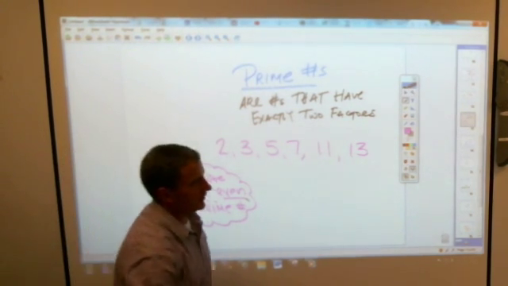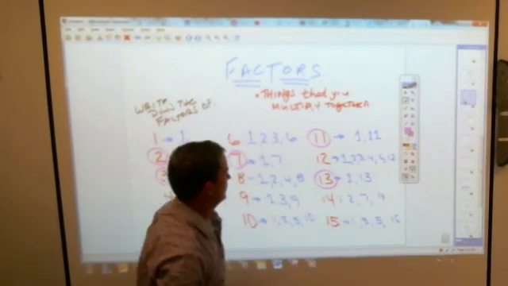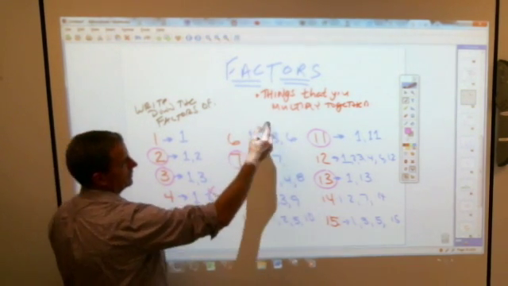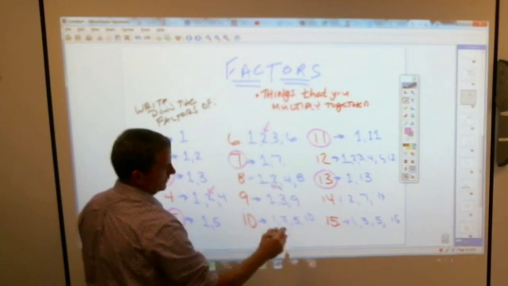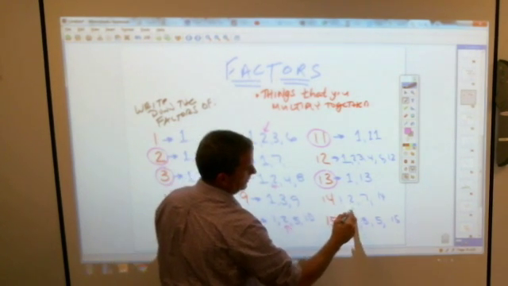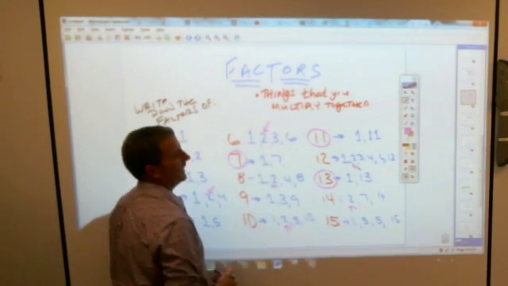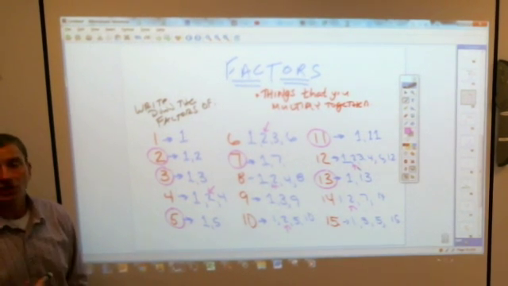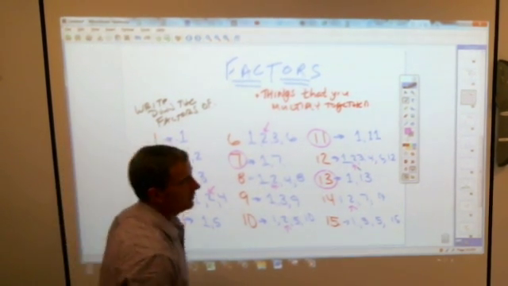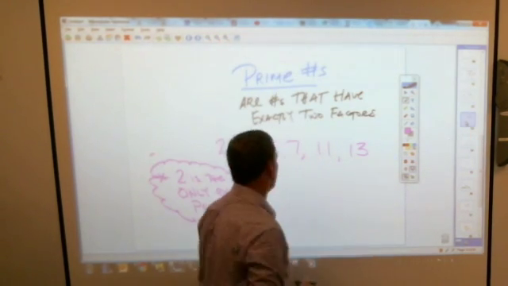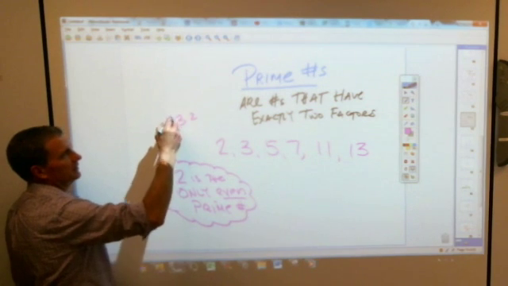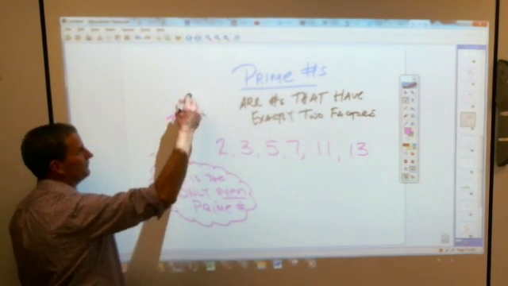If you go back and look at our even numbers, what do you notice about every other even number? Every other one can be divided by 2. Yeah, every even number can be cut in half, which is divided by 2. So with any even number, no matter what it is, it could be 732, 2 will be a factor of it.